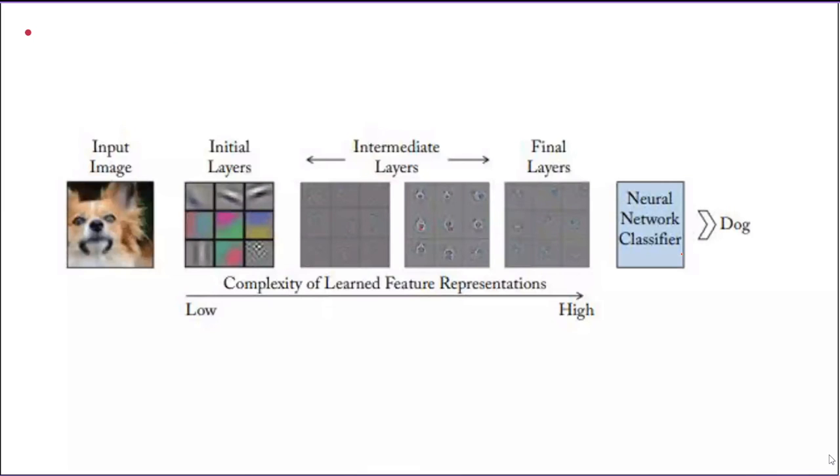In general, if you give an input image, in the first convolution layer you will extract some higher level features. In the second convolution layer, you will extract features from this feature map.